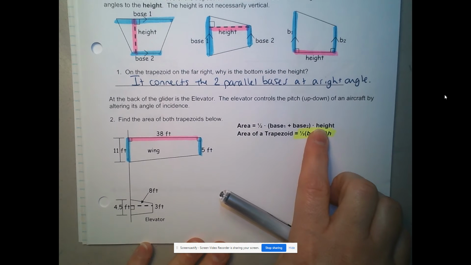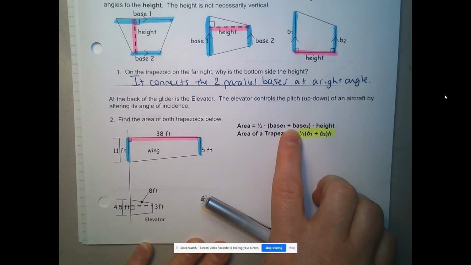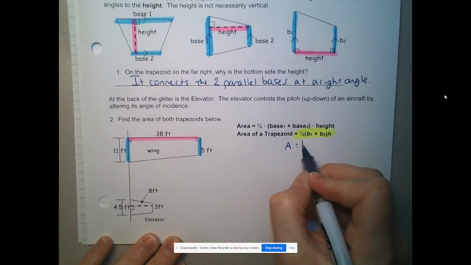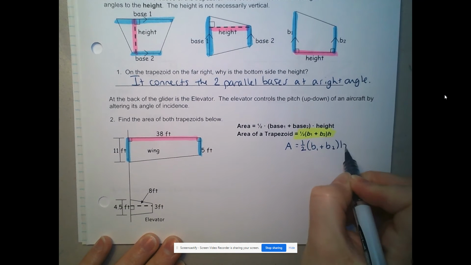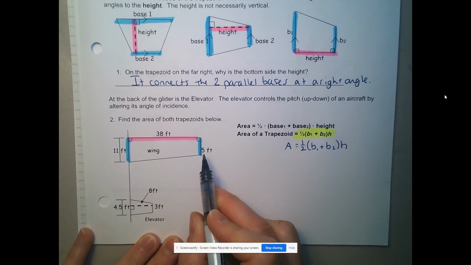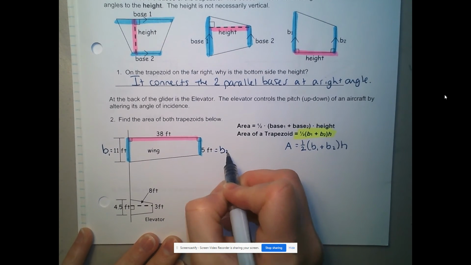Now on a triangle, it was just 1/2 times base times height because the triangle only has one base. But on the trapezoid, we're finding the average of the two bases, which is why we have to add them together. So if I write area equals 1/2 base 1 plus base 2 times the height, I can take those numbers off of my diagram. My base 1 and my base 2 are the blue parallel sides.